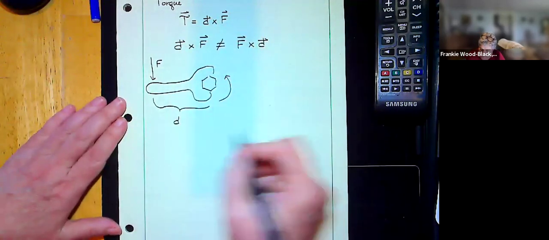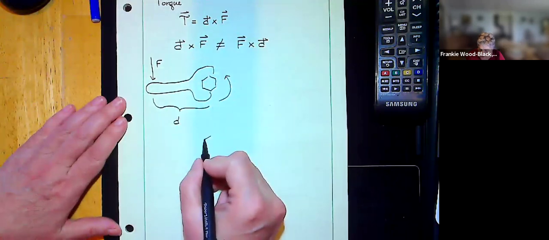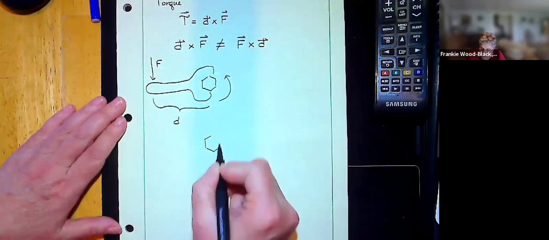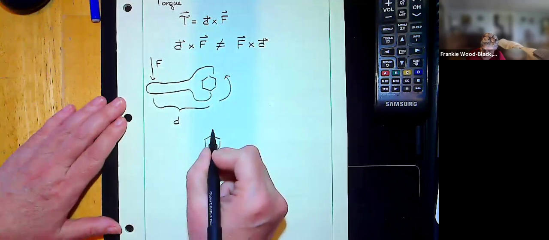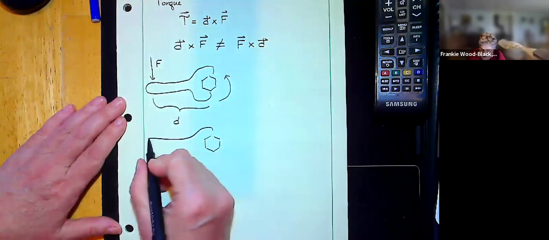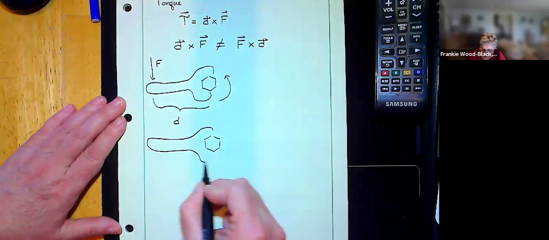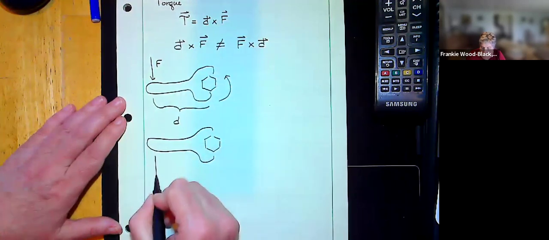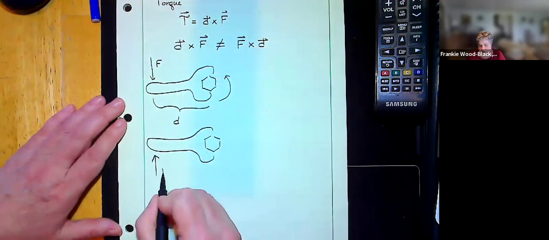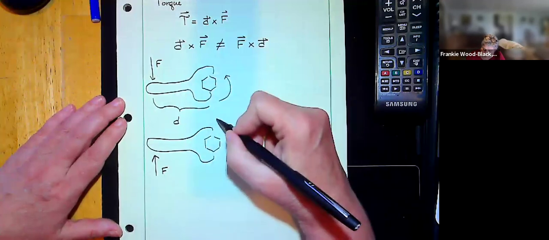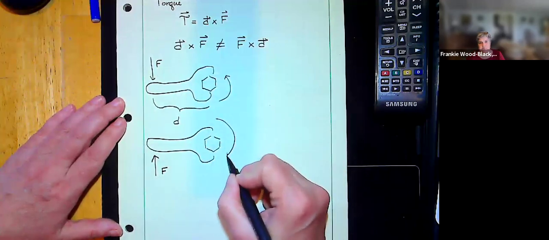Now, if I do the same thing, we're going to take the same situation. I'm going to put my wrench on here. There's my wrench. Now I apply the force in that direction. The bolt is going to rotate that way.